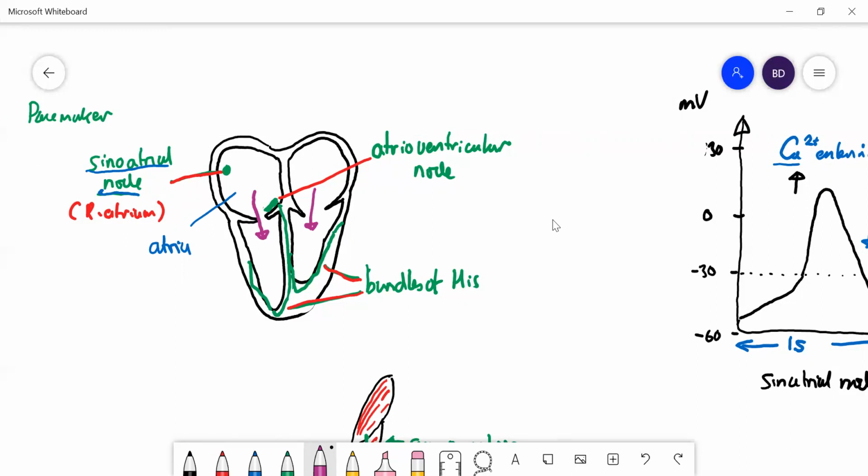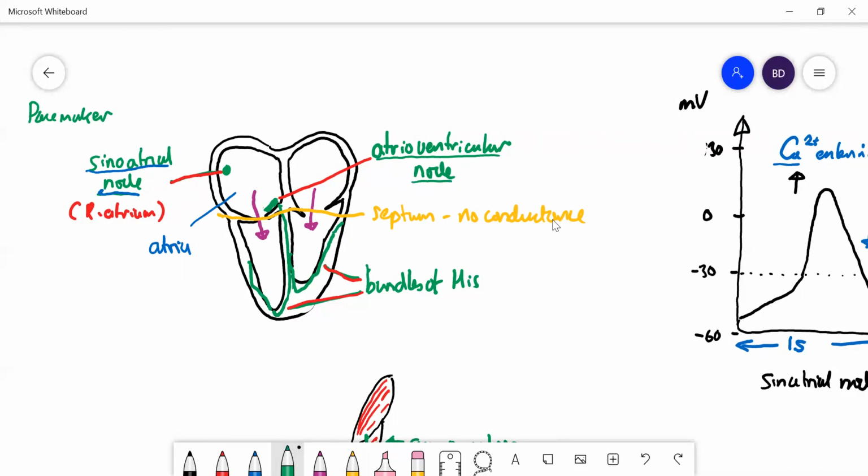Okay? And this is achieved because in this area here, I'll draw, there is no conductance. It's called a septum, and there's no conductance of the action potential. Any conduction has got to go through this thing here called the atrioventricular node.